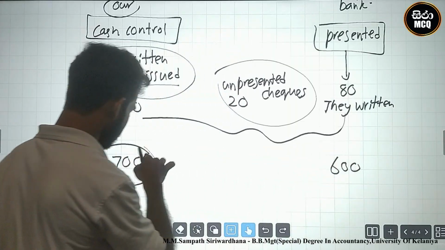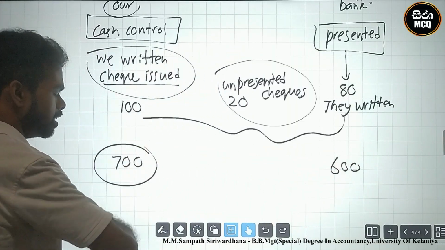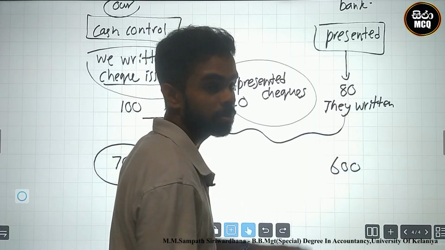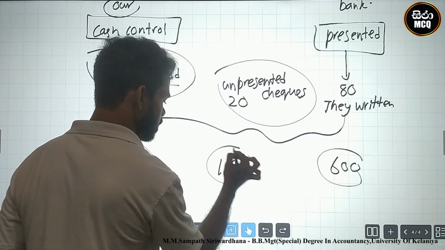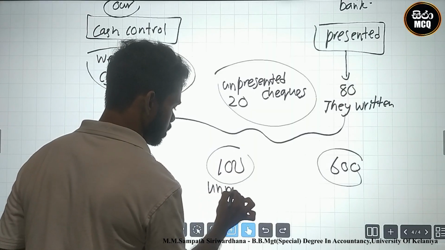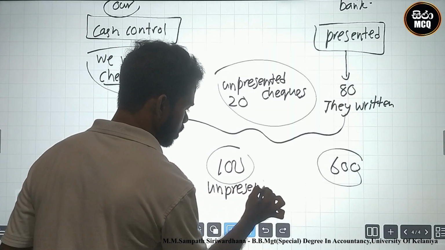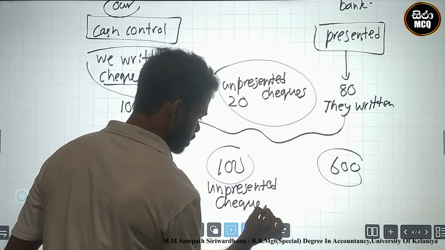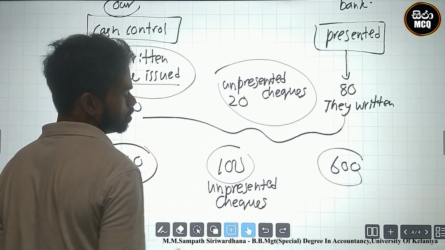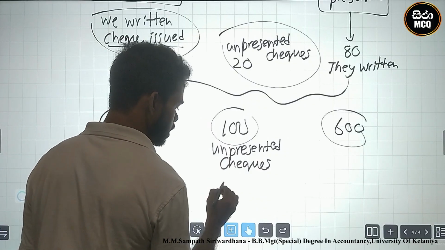Look here, there is a gap. We issued 700. They wrote only 600. There is a 100 gap, which is unpresented checks. Unpresented checks at which date? Closing date, month end.